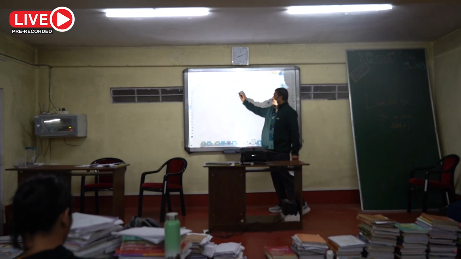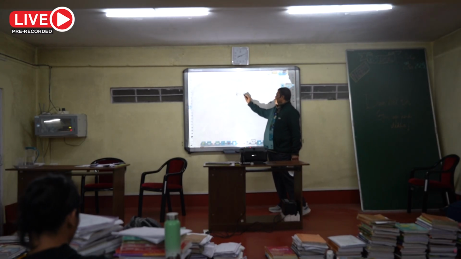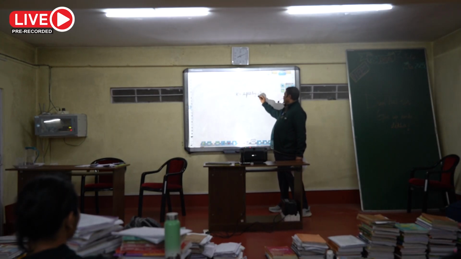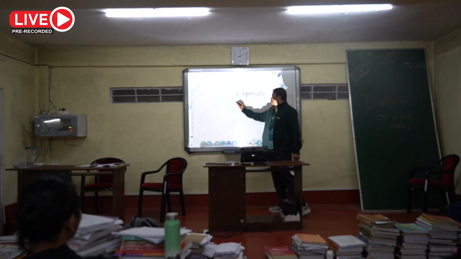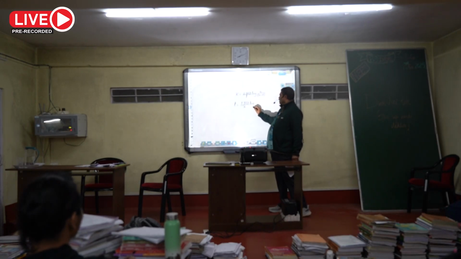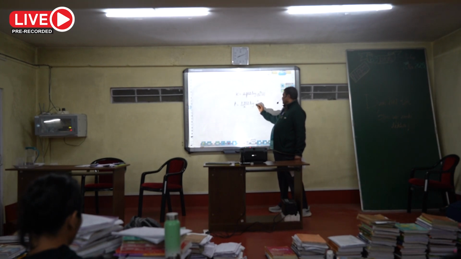So K is equal to 2.303 by t log a by a minus x, or t is equal to 2.303 by K log a by a minus x.